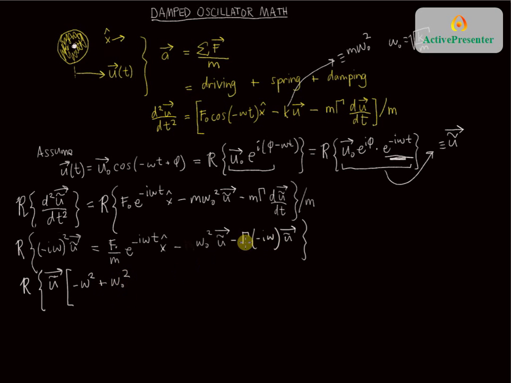And then on this side I have a positive i gamma omega, so on the other side it'll be a negative i gamma omega. Those are my three u tilde terms. What's that equal to? The only term over here is the driving term, F naught over m, e to the minus i omega t, x hat.